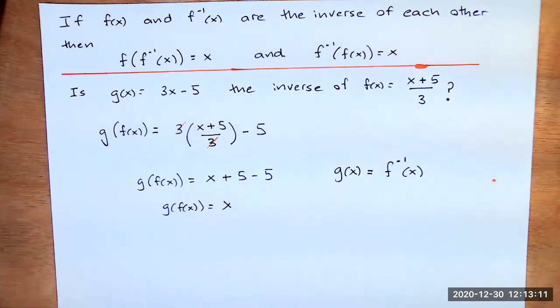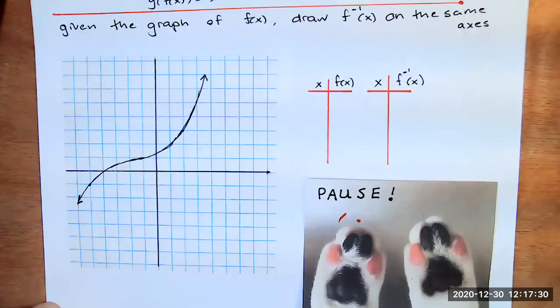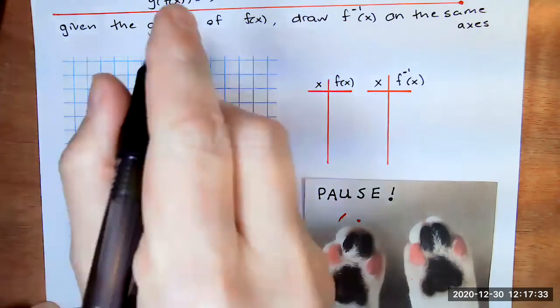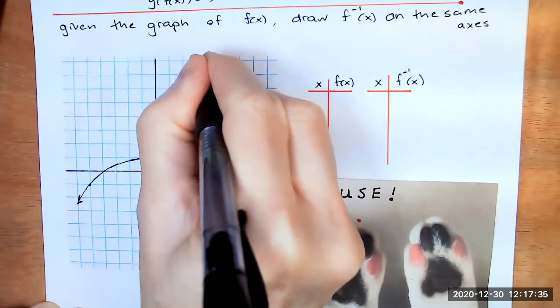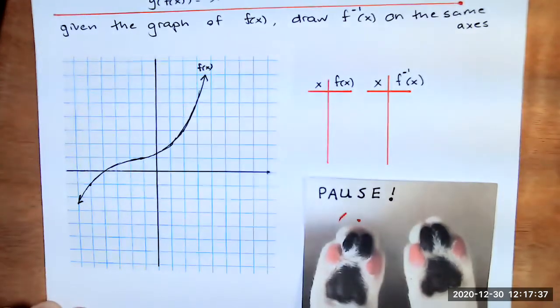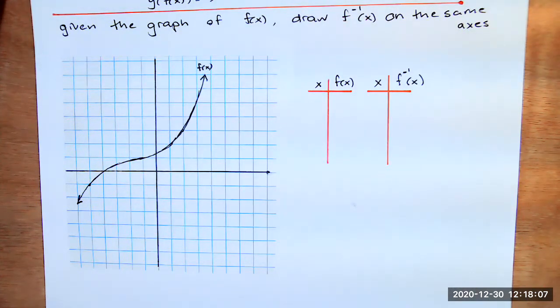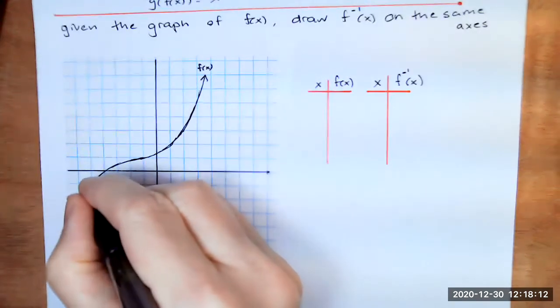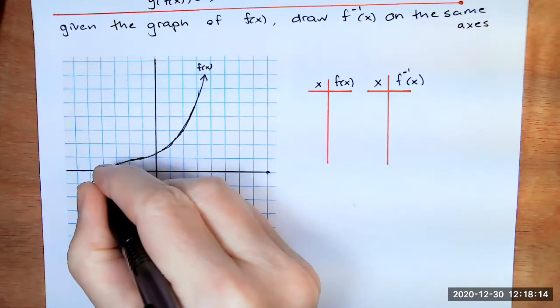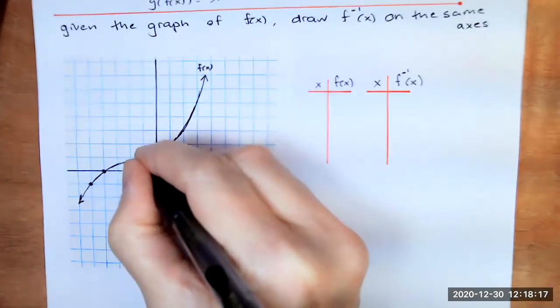Let's find an inverse from the graph. All right, given this graph of f of x, can you draw its inverse on the same axes? And if you want to go ahead and try, this would be a good place to hit the pause button. All right, so a good place to start might be to identify a few points on f of x.